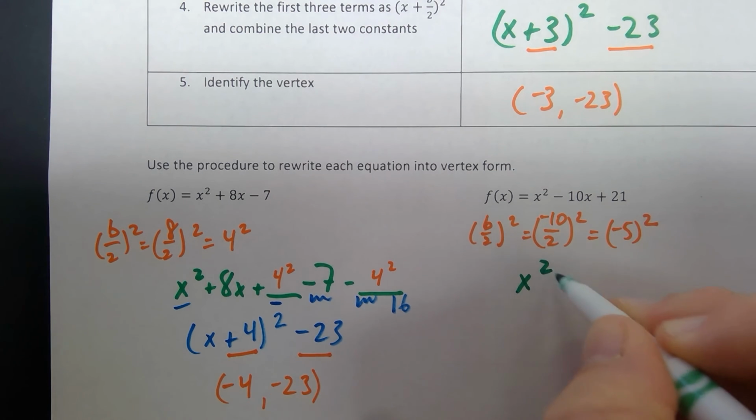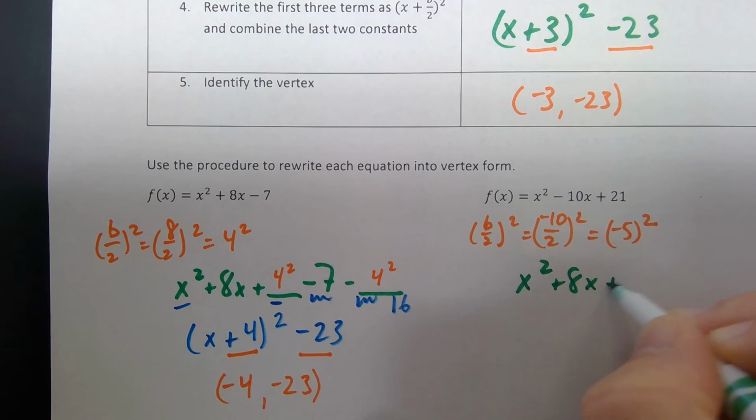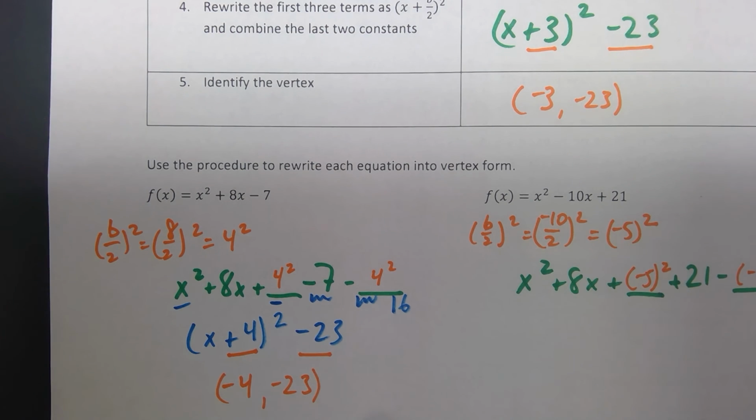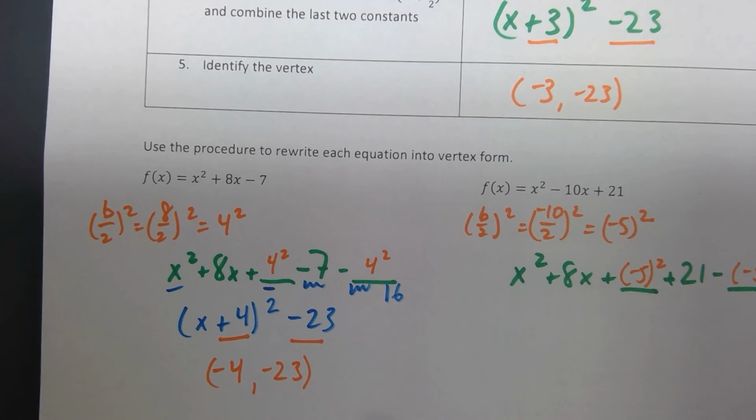Now we're going to put our blanks in here. So we've got negative 5 squared. Notice how I still keep my parentheses since I have a negative here. Now we're going to make that perfect square binomial by taking those two numbers that are squared.